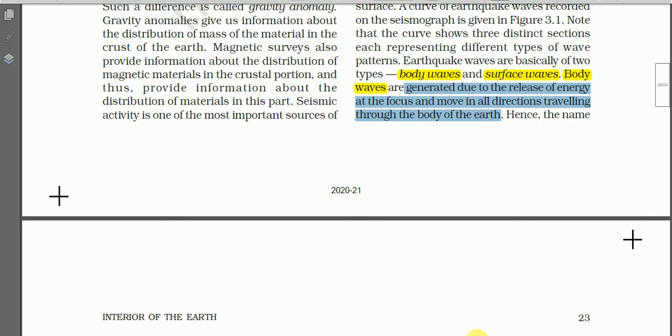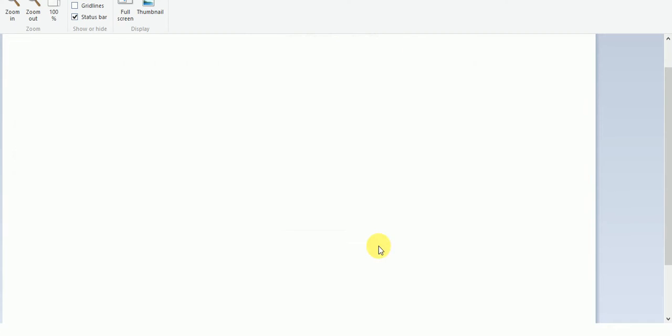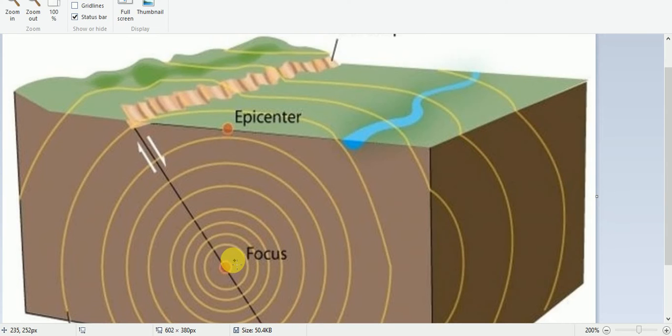See here, this is the place where energy is released, and this is called the focus, and from the focus different waves are propagated through the body of the earth.